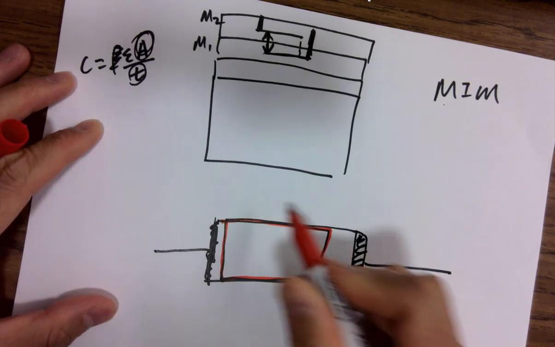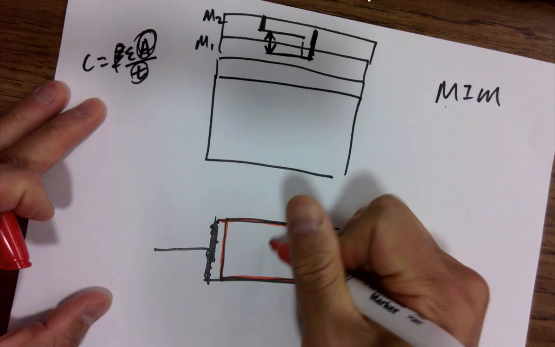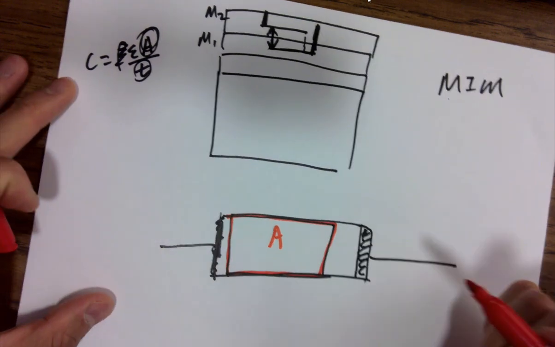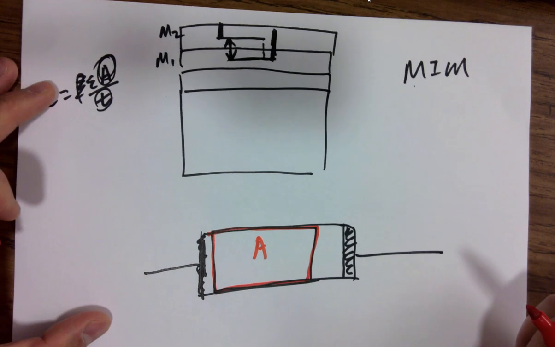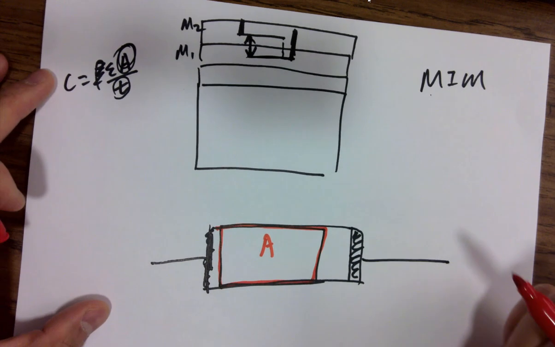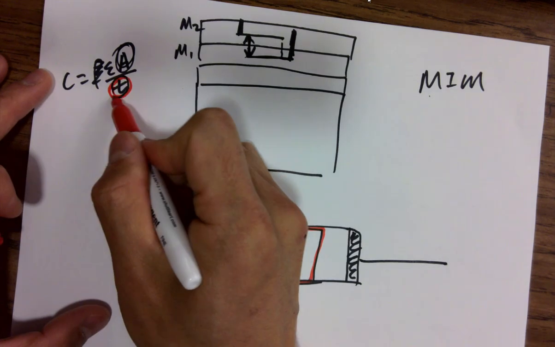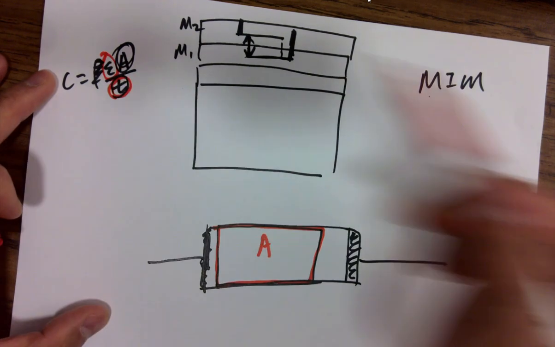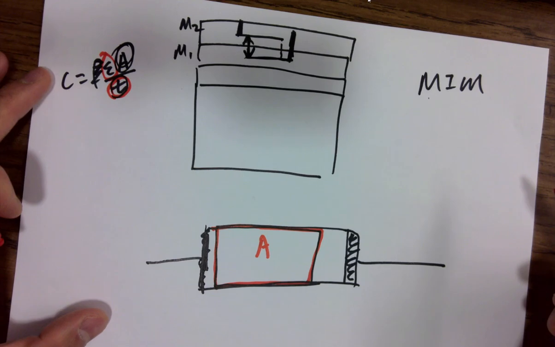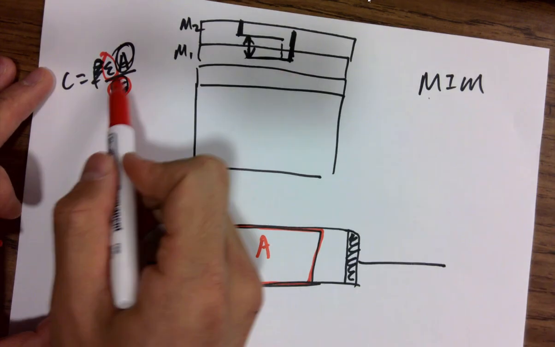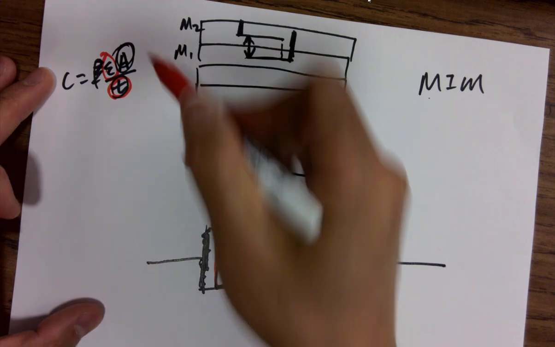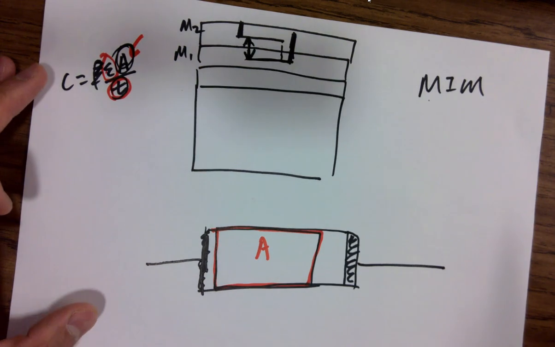So you look at the area of it and you get an A, okay? Depending on the foundry and the process, they will let you know the thickness and the epsilon here. They will let you know the parameters, and you can just plug in the area to calculate the capacitance, right?